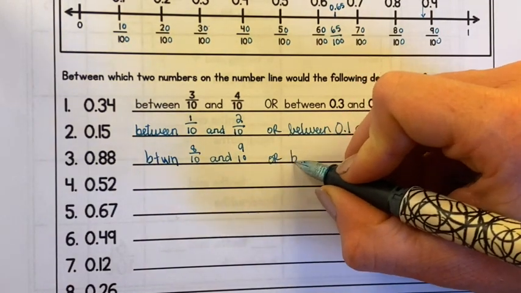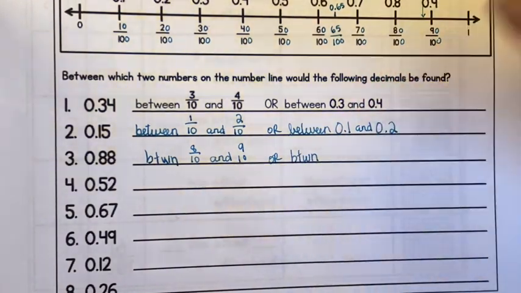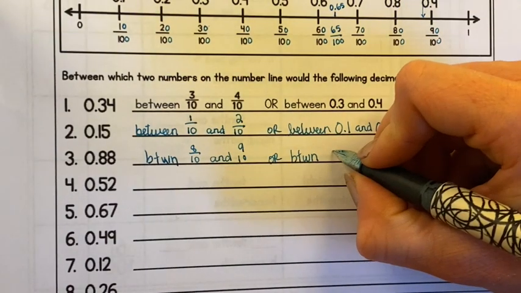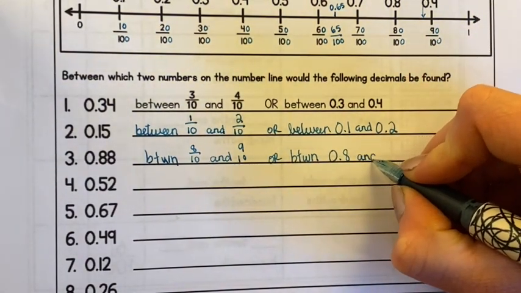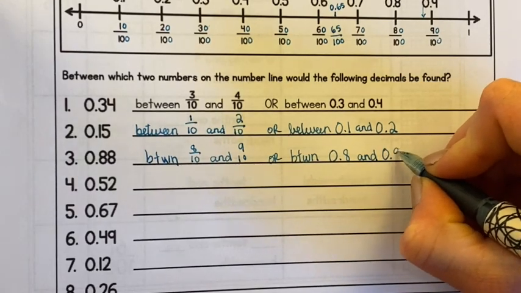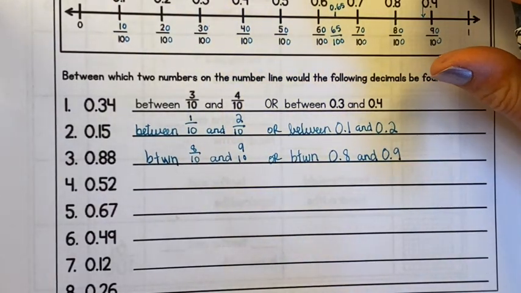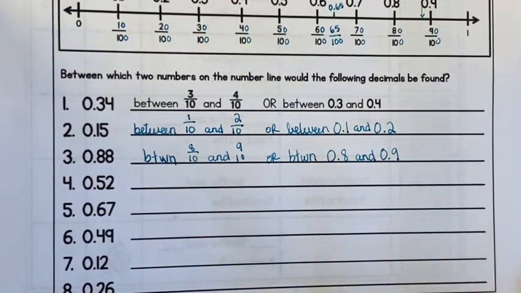Or between 0.8 and 0.9. If you're confused, keep going, okay? If you're confused, just keep watching and realizing that in between here are little tiny ticks.